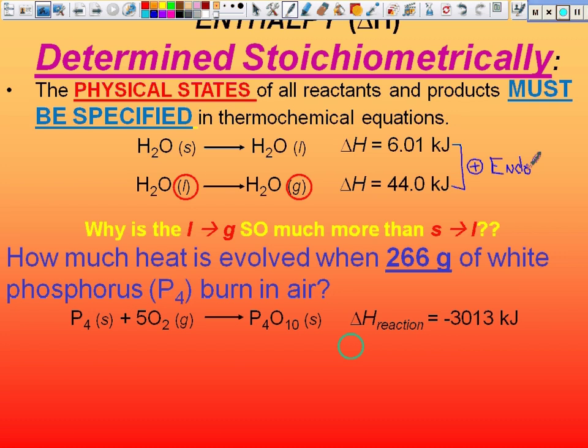Well, think about this, and this is an important question. What if I take this reaction, the top one, from a solid to a liquid, and I flip it? What happens to that thing? It's the same number, but it's opposite. Here's something really weird that always throws students off. Going from a liquid to a solid is what process? Freezing.